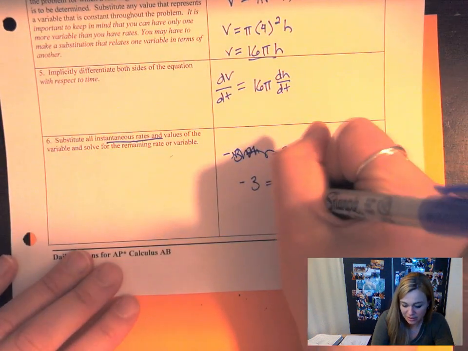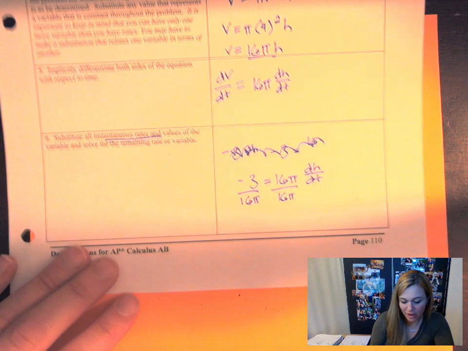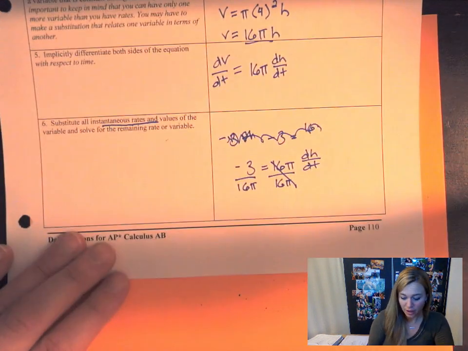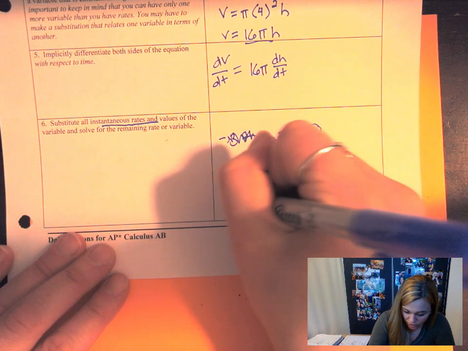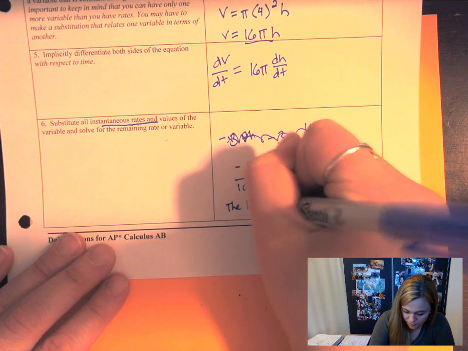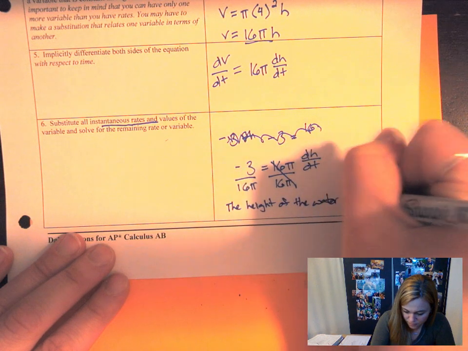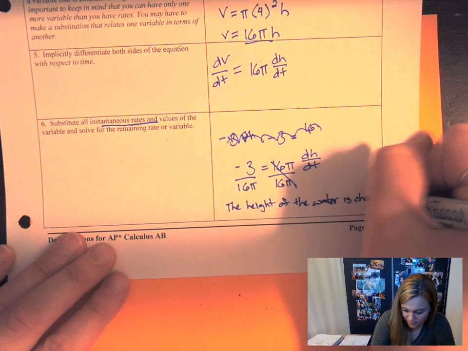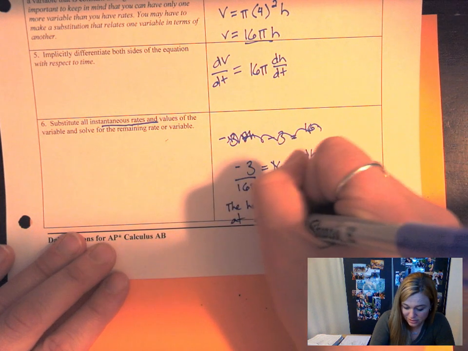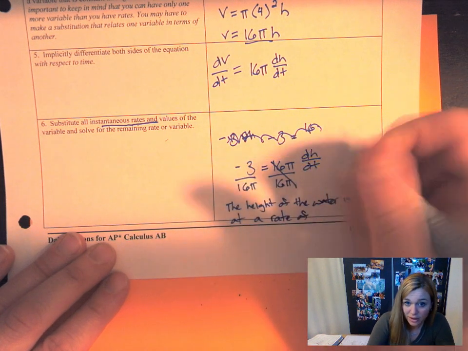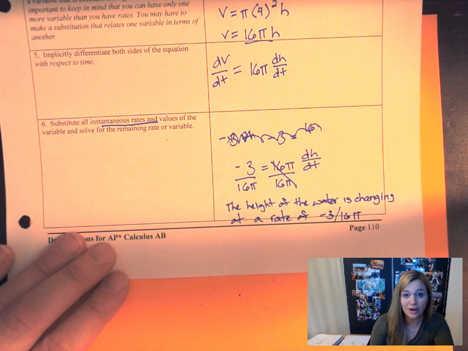Divide on both sides. Be really careful about how you write this. This is okay right now. But if you say the height of the water is changing at a rate of negative 3 over 16 pi, and then you have to say the units.